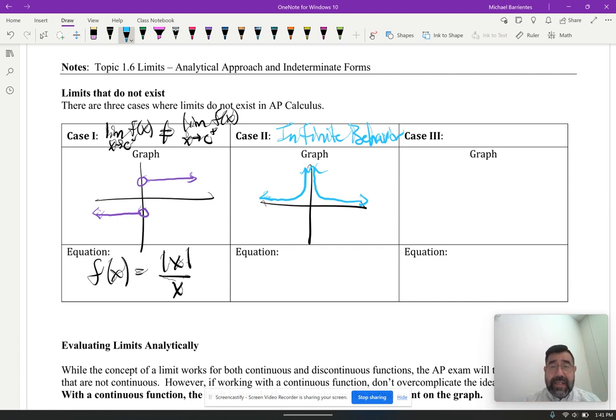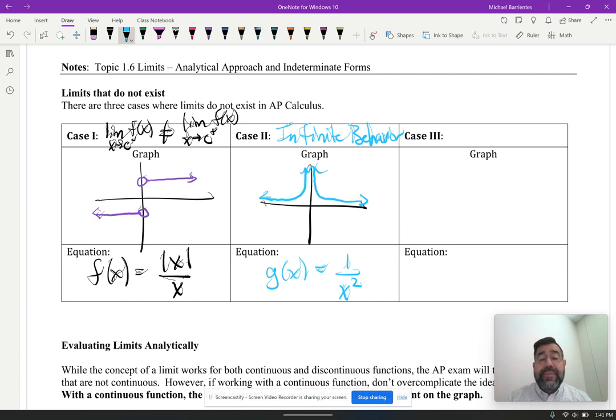Now, we're going to call this function g of x. This is the equation for this function. g of x is 1 over x squared. So this is a squared rational function, and you'll notice that on each side of the y-axis it goes up.